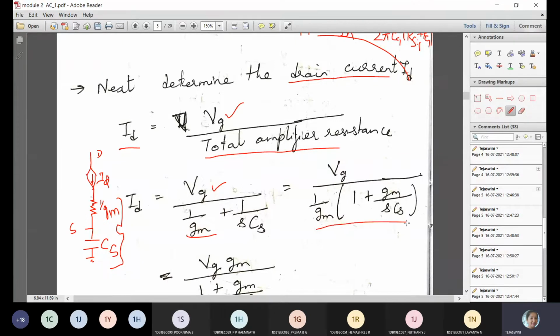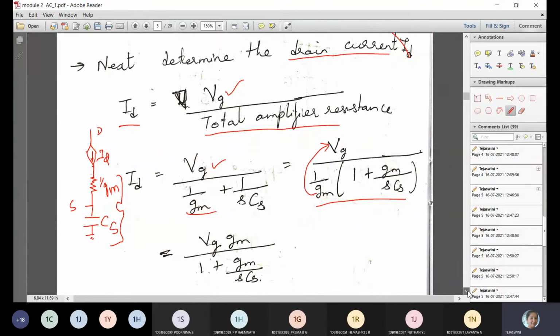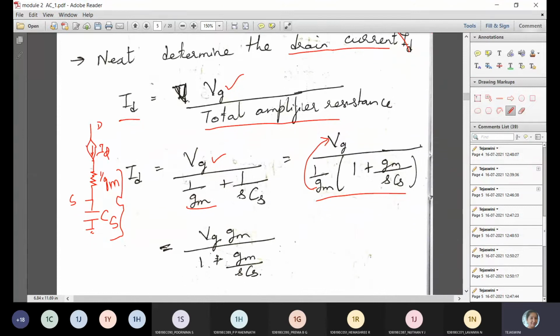Yes. Then Gm moves to the numerator, so it becomes Vg into Gm divided by 1 plus Gm by SCS.